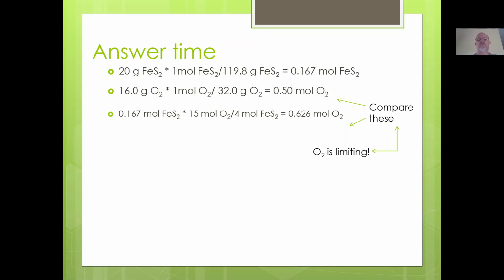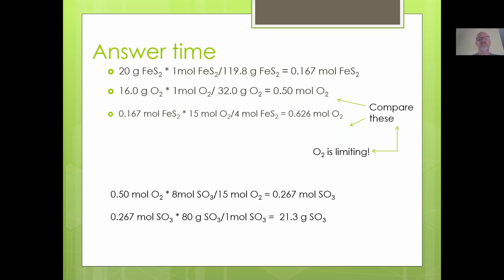Not quite 2/3 of a mole, 6.626 moles. So, using the oxygen and the ratio of sulfur trioxide to oxygen, and then converting to grams, I get 21.3 grams of sulfur trioxide.